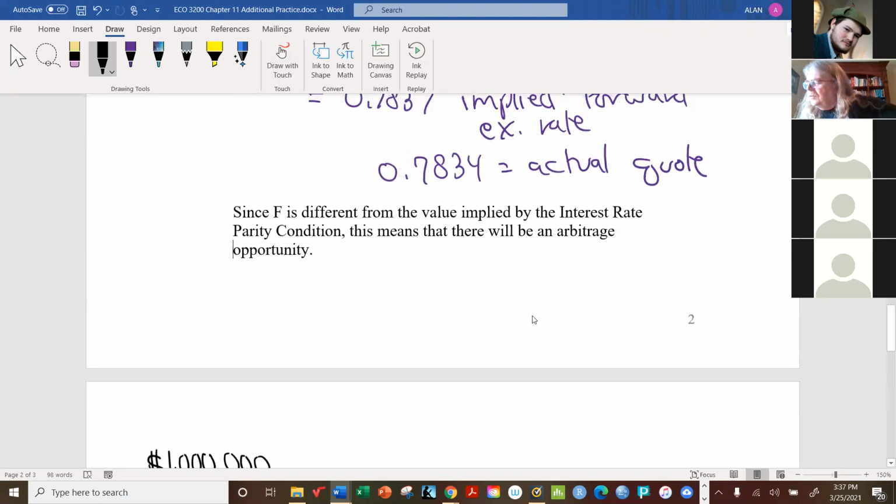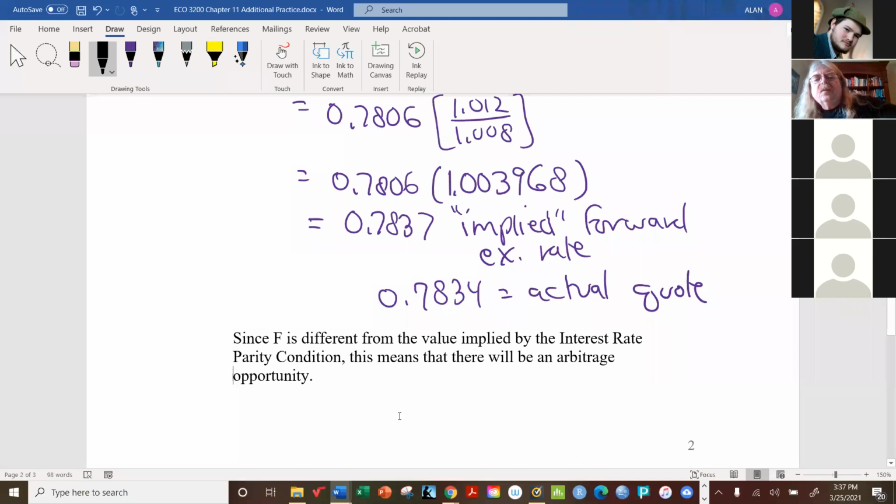Well, let's think about this for a second. What is the problem with this quote? Each forward Swiss franc costs too few dollars to buy. So what does that mean?